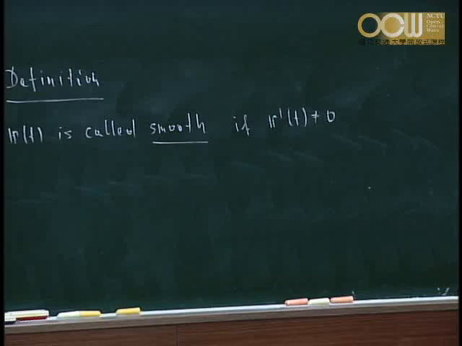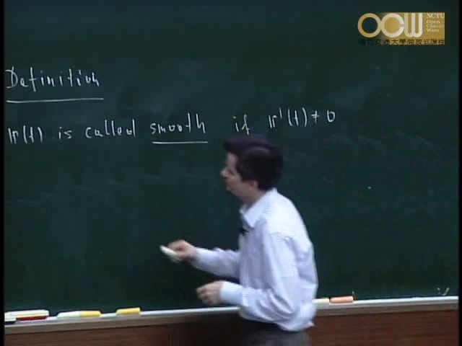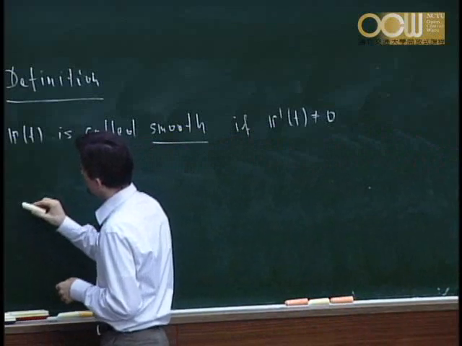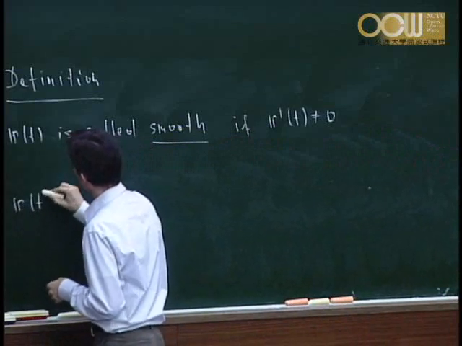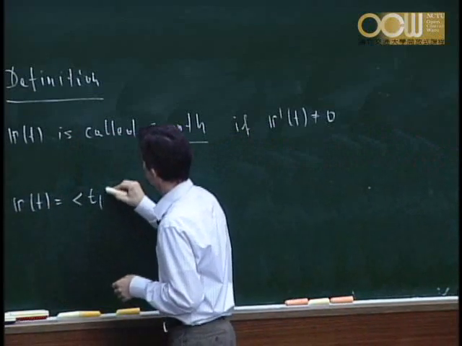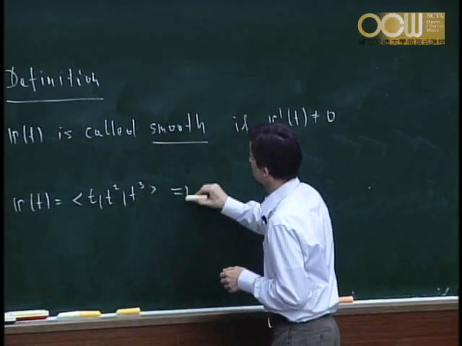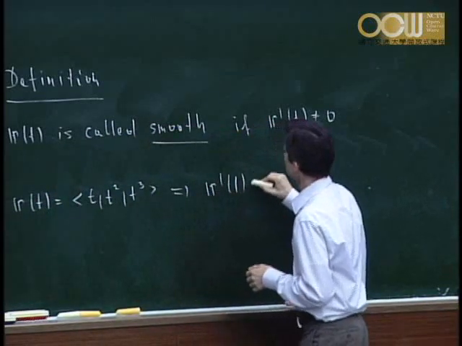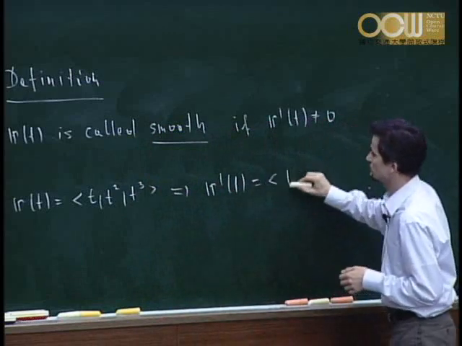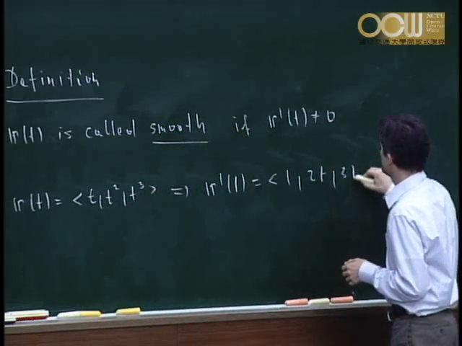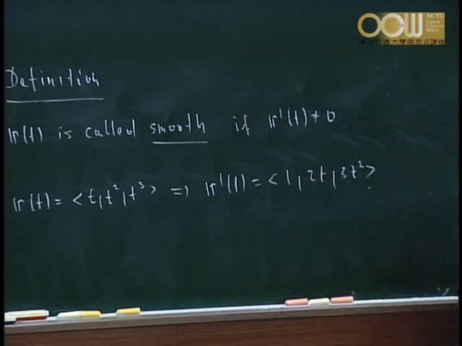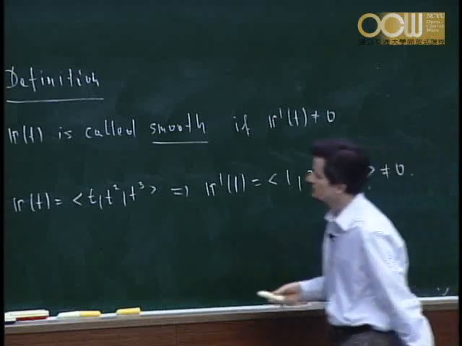Okay, that's the reason. You see that, for instance, if we look at this example, the twisted cube, then the derivative is very easy to compute here, just component-wise: 1, 2t, 3t squared. The derivative is always not equal to 0, so this function will be smooth everywhere.